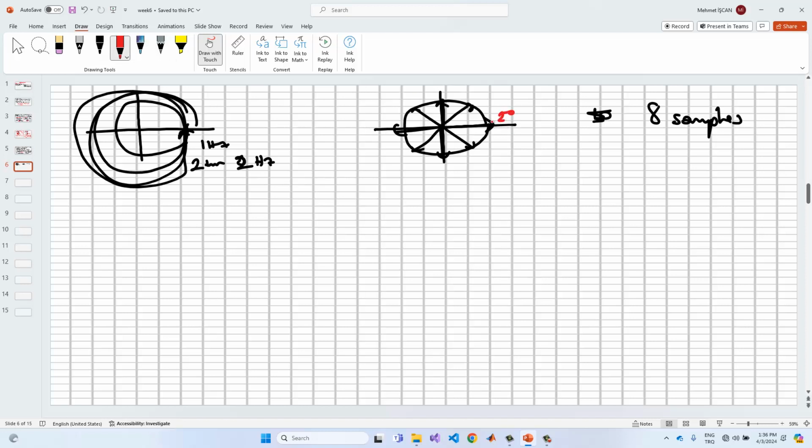The z0. This is equal to z minus 1. It's equal to z minus 2. This is equal to z minus 3. This is equal to z minus 4. Z minus 5. Z minus 6. Z minus 7. And so z minus 8. Okay? But this is equal to what? Z0.